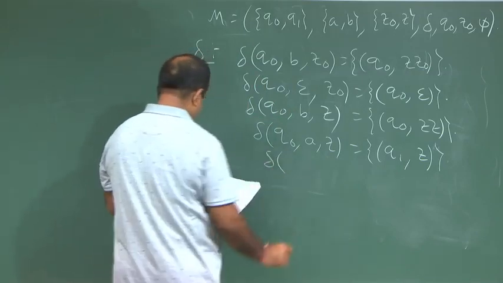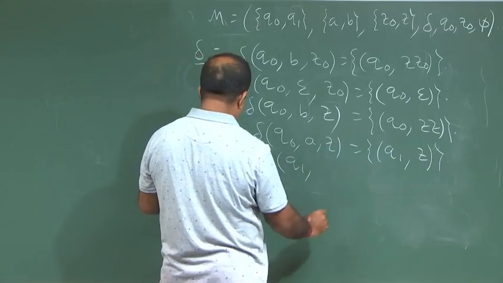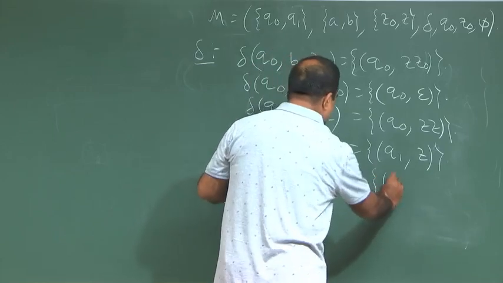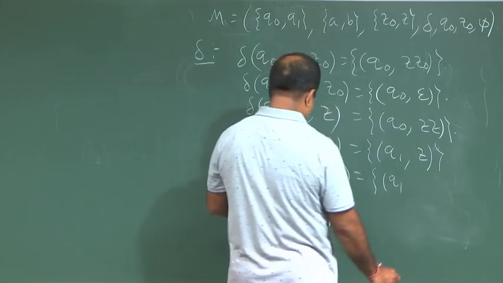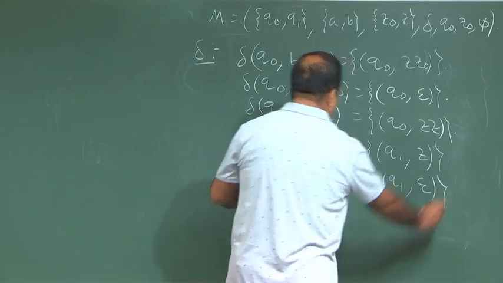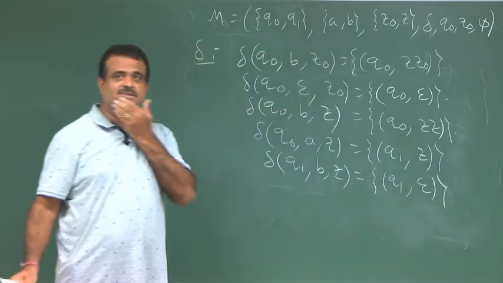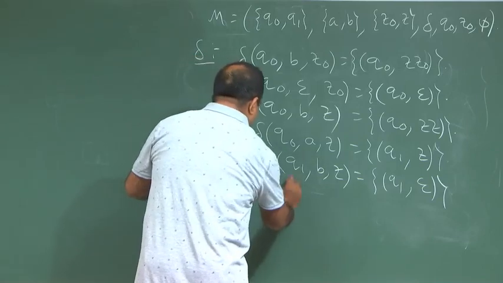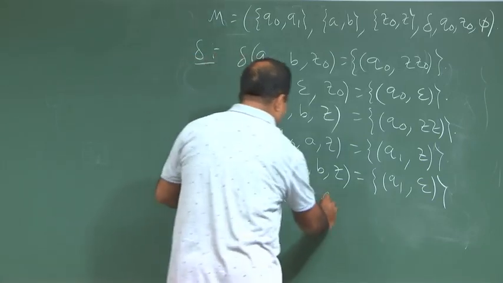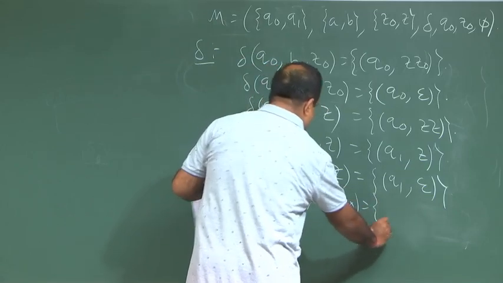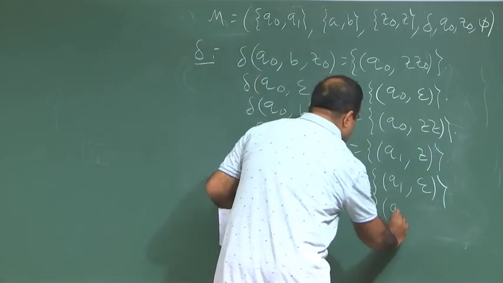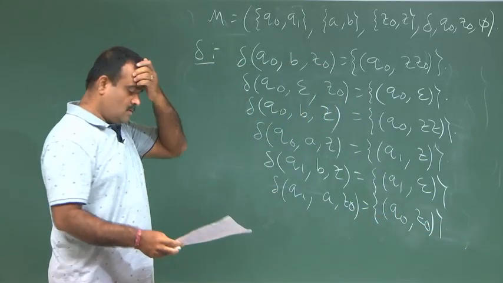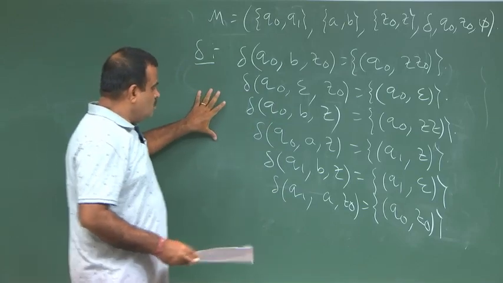Now let me complete this: delta of q1, b, z will give us q1 epsilon. Okay, it will erase this z like this. Then delta of q1, a, z0 will be q0 z0. So these are the rules.